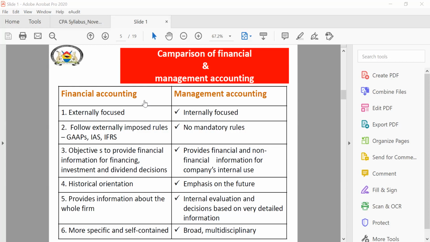What exactly happens is that we have to have information from financial accountants before we can prepare the management reports.